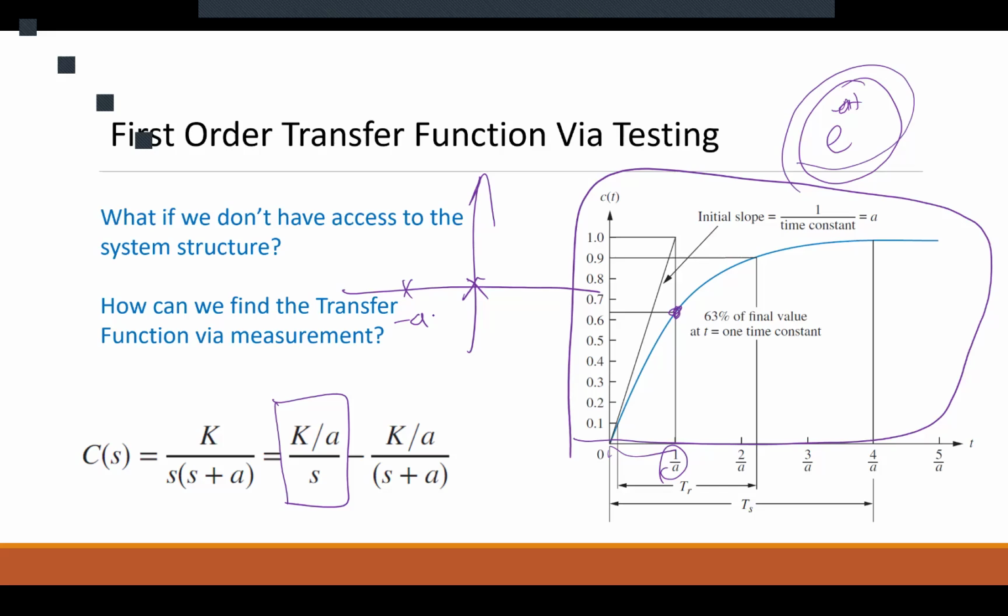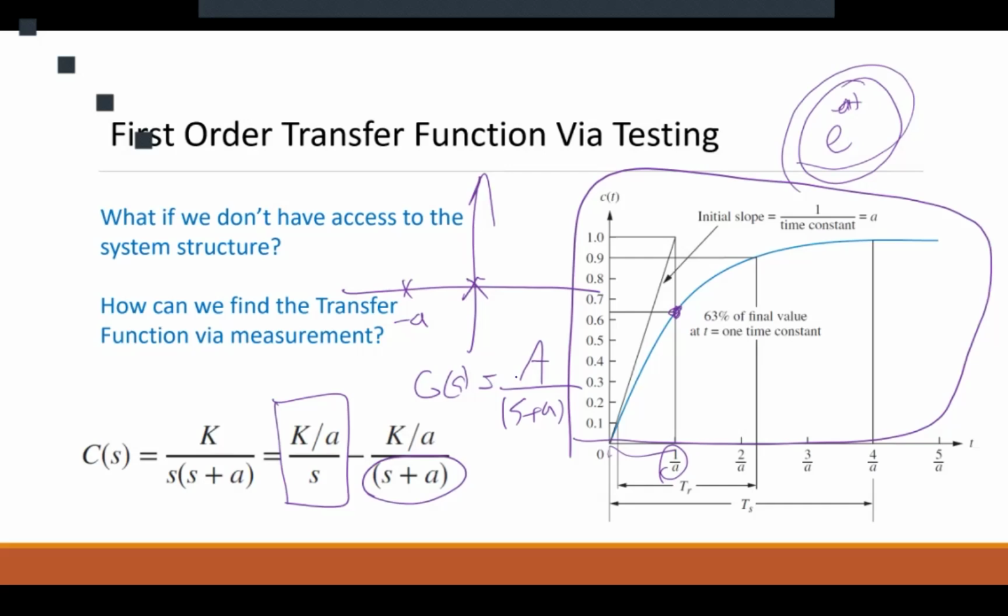Are we good? What does that mean? That means the denominator of the transfer function has a term S plus A. We don't have any other poles, so it's going to be the only pole in our transfer function. And we are first order, so whatever transfer function we have, G of s, is going to be a constant number in the numerator and S plus A in the denominator. Are we good?